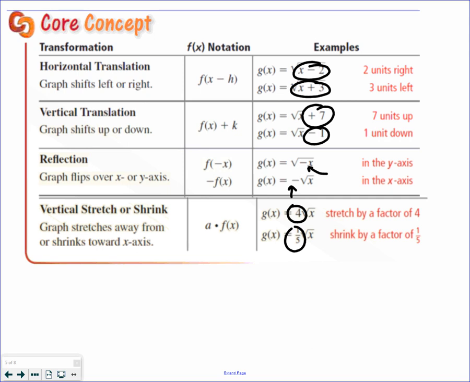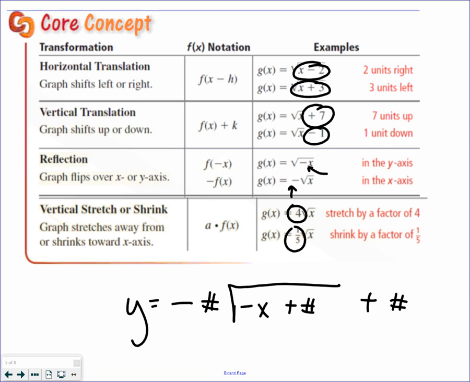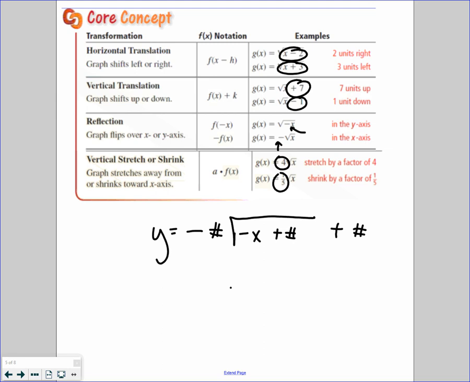So now, just laying this out here. Y equals, there could be a negative out here with a number. There could be a negative in here with a plus or a minus a number. And then there could be something outside with a number. So those are all the different places that you could have a number or have something happen, and each one of those means something. If I have a negative on the outside, that's a reflection on the x-axis. If I have a number on the outside in front, this is either a vertical stretch or a vertical shrink.